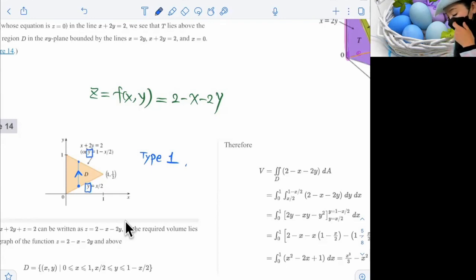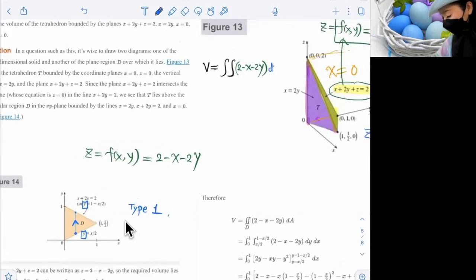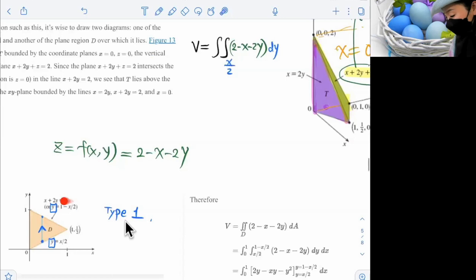Now you're going to integrate with respect to y first. And y goes from what to what? Y goes from below to above, right? So that will be what? Yeah, 1/2 x. And then above will be what? Yeah, the above here is 1 minus x over 2.